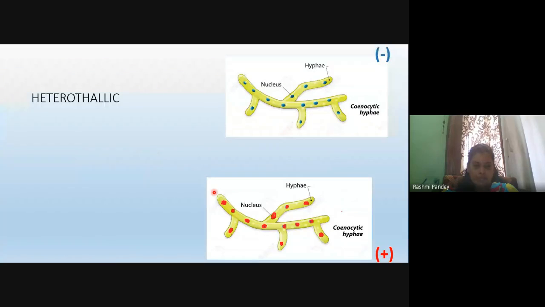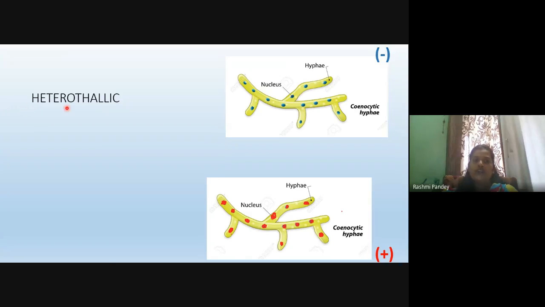Now, in Phycomycetes, the lower fungal species, we may find heterothallic or homothallic kinds of conditions. Now, what do we mean by heterothallic? The word itself says hetero. Hetero means different, and thallic means the thallus or the fungal body, the fungal hyphae.